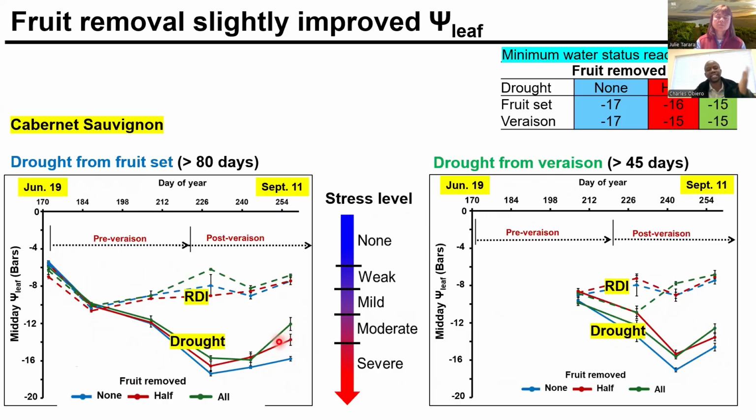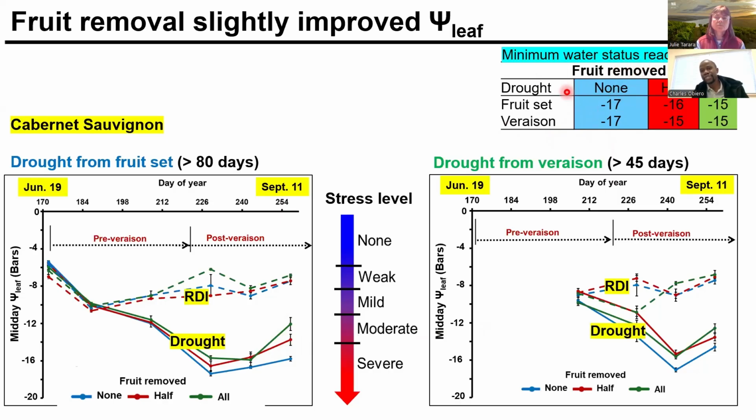If a vine sits under stress for just a little while, it's not going to be a huge problem compared to a vine that is always under stress. That is going to have a repercussion later. The top of the table here is just showing us the minimum water status reached, in bars, for fruit removed.